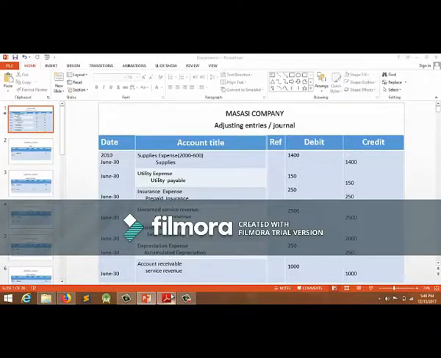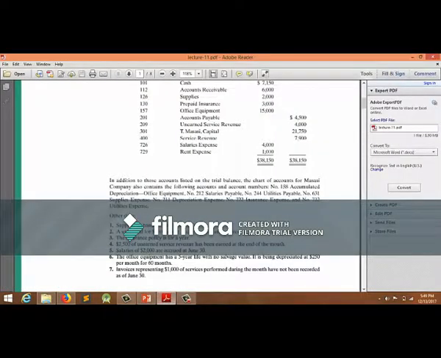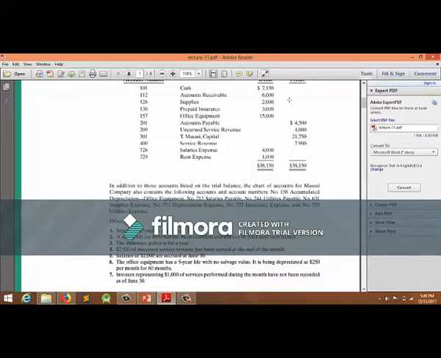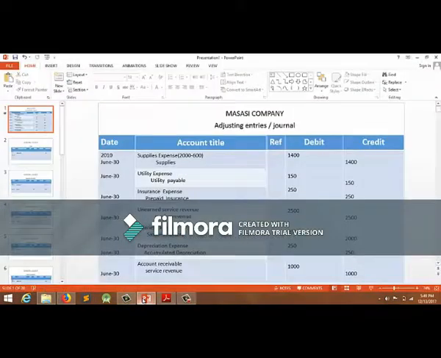Here we can understand that supplies on hand at June 30 are 600. First, supplies were 2000. Now we have supplies of only 600. So how much have we already used? 2000 minus 600, so 1400 we have already used.